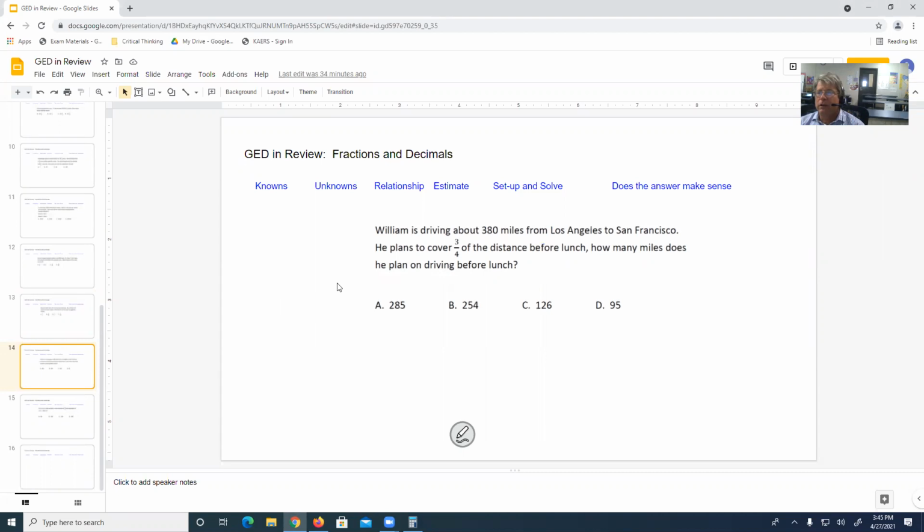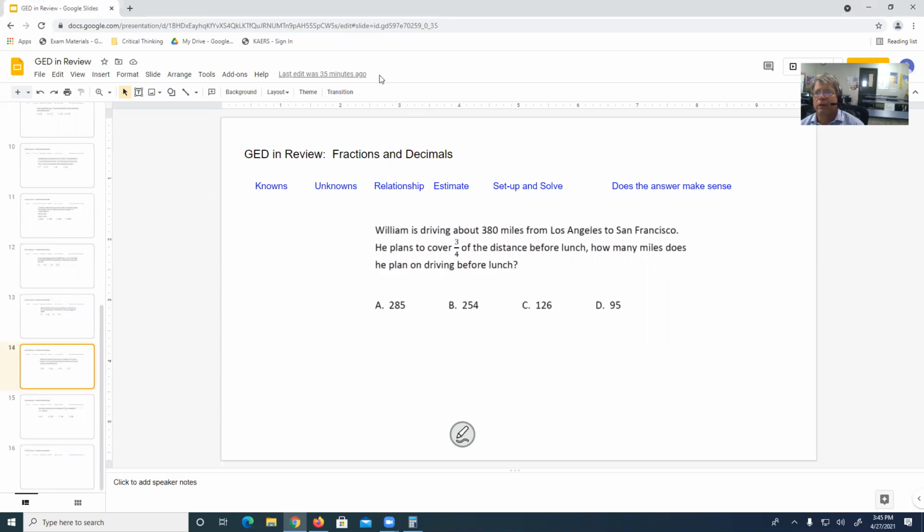So William is driving about 380 miles from Los Angeles to San Francisco. He plans to cover 3/4 of the distance before lunch. How many miles does he plan on driving before lunch? So again, he's going to drive 3/4 of the distance.